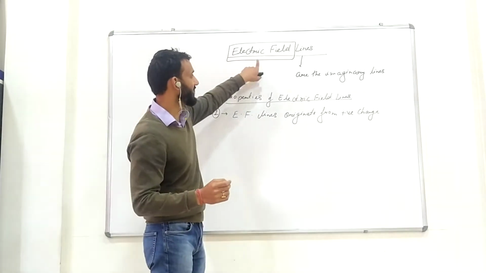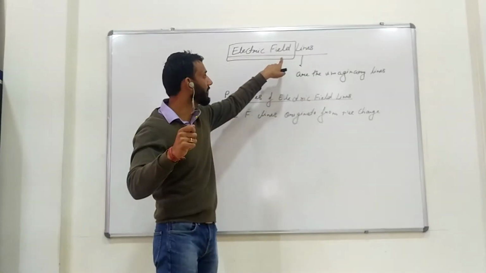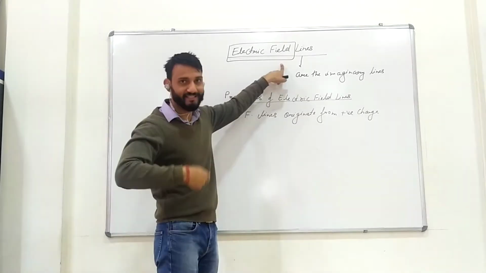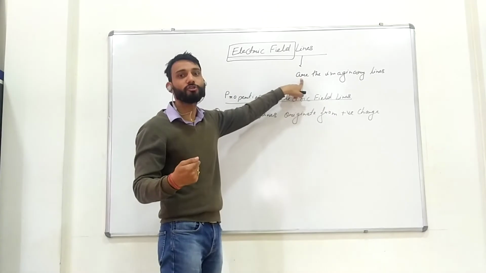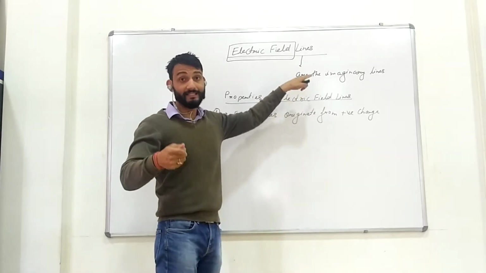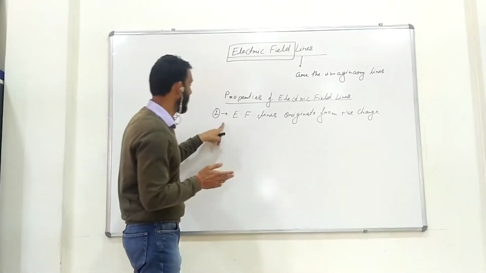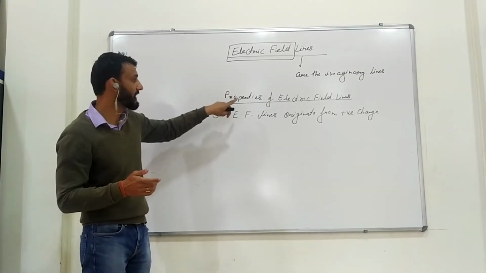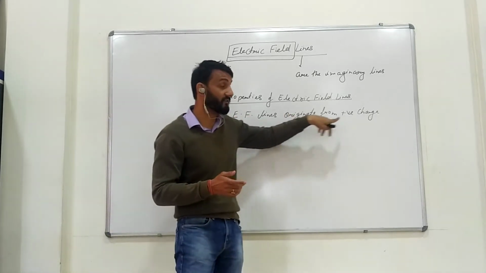Remember what I told you, that electric field lines are used to represent the picture of the electric field, and they also tell us its direction. As I told you, electric field lines always start from positive charge.